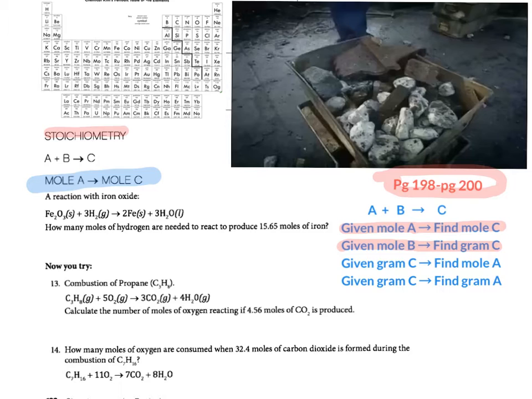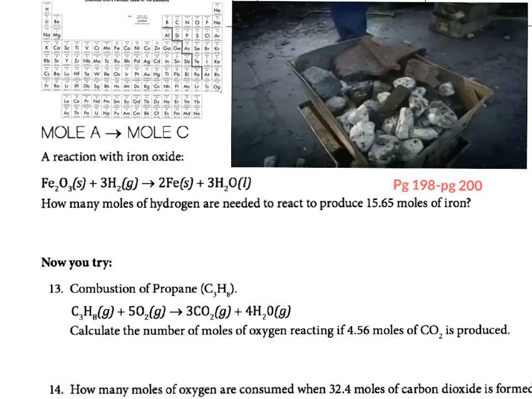And then the third type is where you'd be given a mass or a gram quantity of one material. You want to find the mole quantity of another material. And then the very last type of stoichiometry is where you're given a mass quantity of one material. You want to find the mass quantity of another material, or the gram quantity. So those are the 4 basic stoichiometry problems that we're going to be looking at.